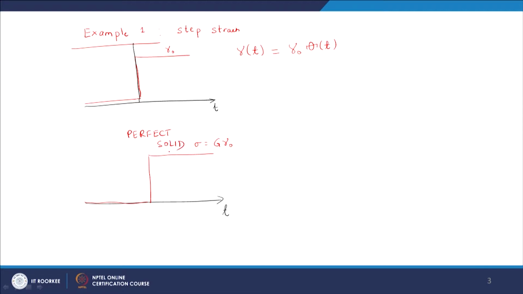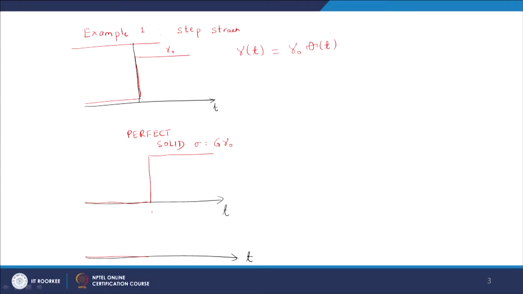If on the other hand, it is say a Newtonian liquid, then the stress is proportional to the shear rate. Now, for the most part of it, the shear rate is essentially 0. It was constant before time less than 0. It becomes constant after t higher than 0. Only at time t equal to 0, there is a jump that would give rise to a very high shear rate.